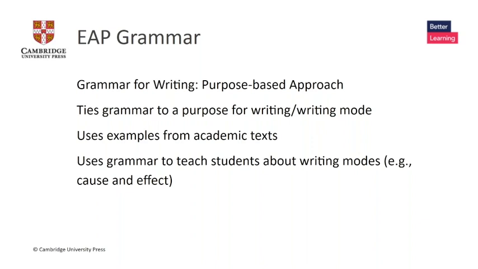It also uses examples from academic texts. So we might not look at examples from textbooks so much, but actually take an academic article and find the grammar points there to use as authentic examples. This approach also uses grammar to teach students about the writing modes themselves. And I will show you an example of that in just a minute.